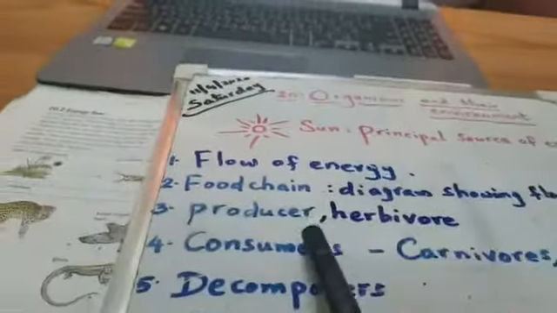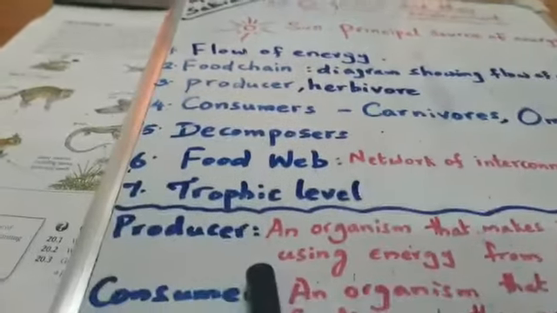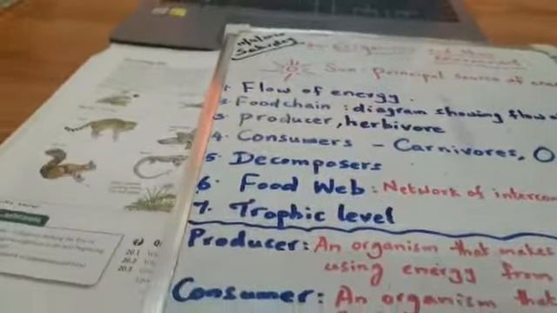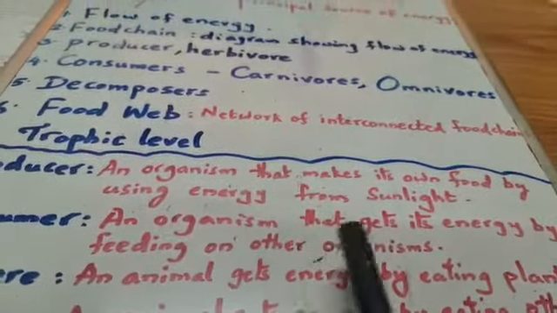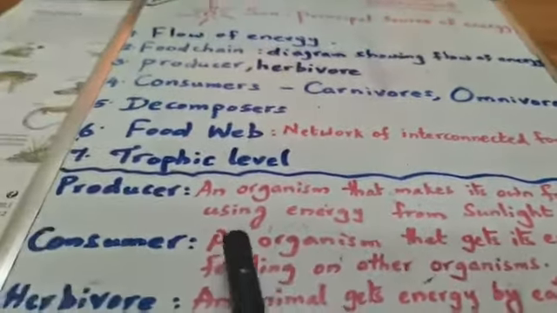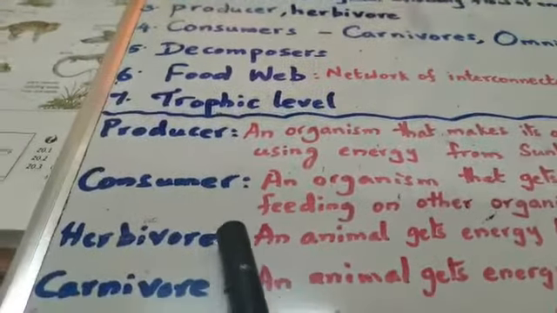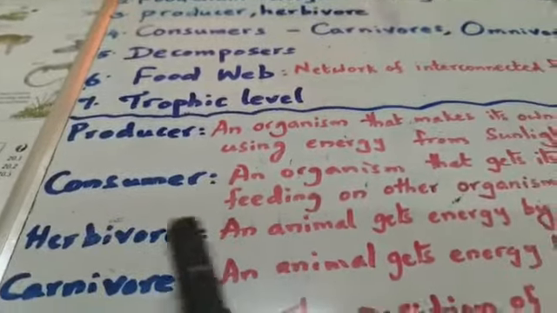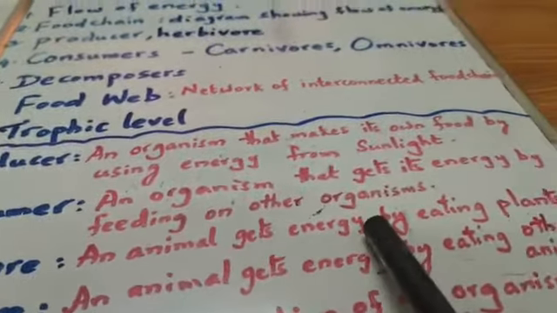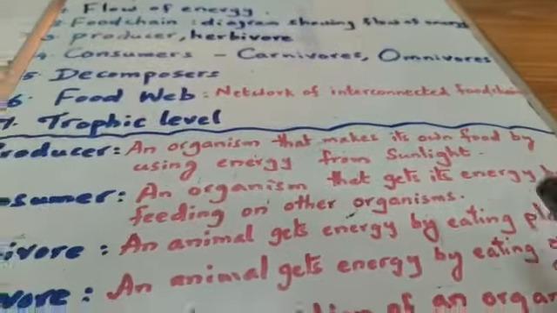Again, producers are the plants. They can make their own food. Then consumers are organisms that get energy from another organism. And what do you mean by herbivore, carnivore and omnivore? We already learned this one before. Herbivores are animals that eat plants.